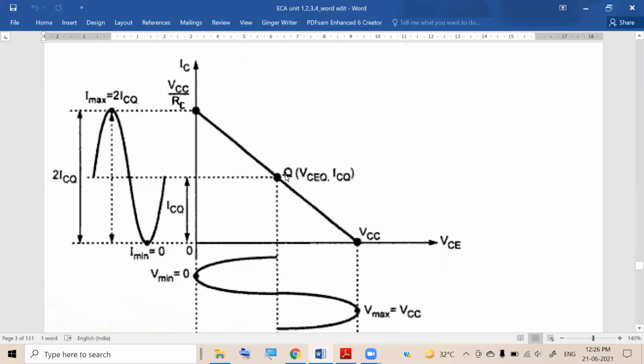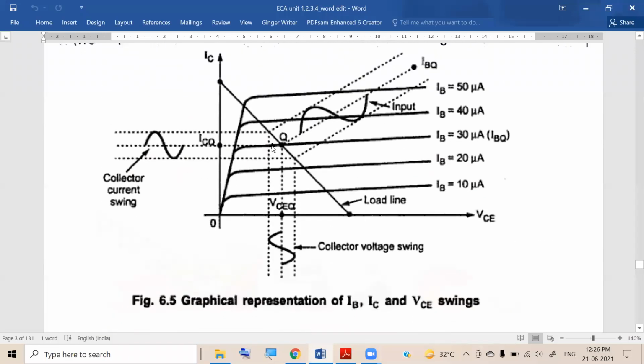Likewise, the midpoint here, we are calling it ICQ. Q because it is DC. Q stands for quiescent, meaning we are considering only DC condition. So if this is ICQ, we discussed that the total from here to here will be 2 ICQ.